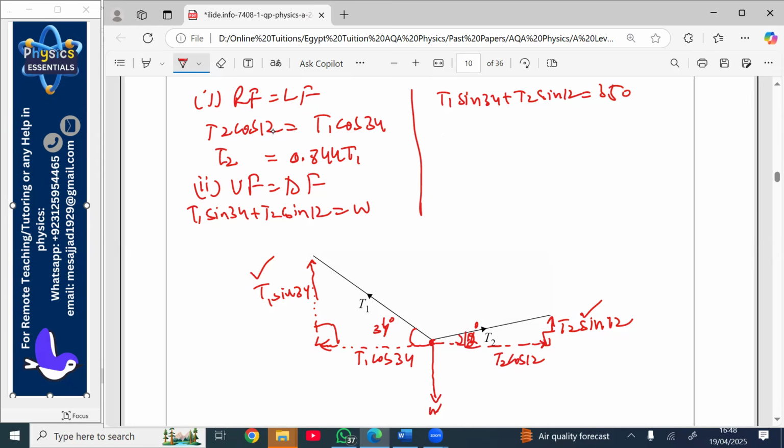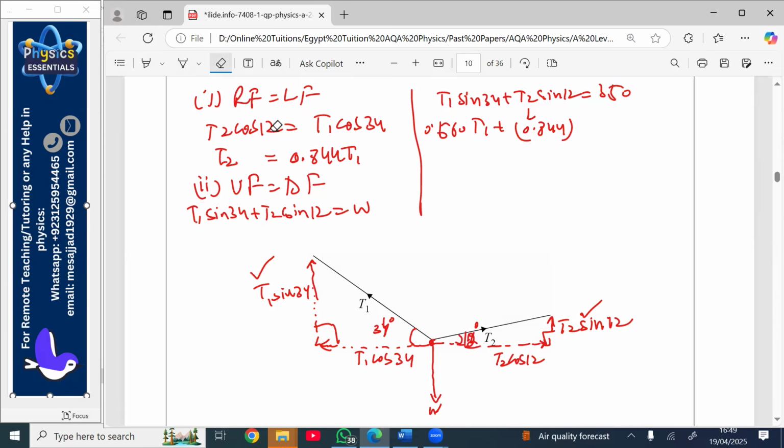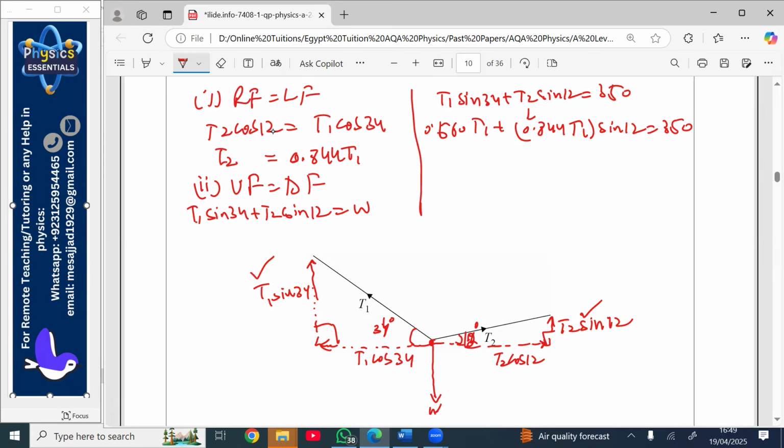Okay, so just need to put in the value. 0.560 T1 plus T2 is actually 0.844 T1. I'm just putting it in sin 12 equals 350. Okay, and when I simplify that all, I'm going to get 0.560 T1 plus 0.175 T1 equals 350.